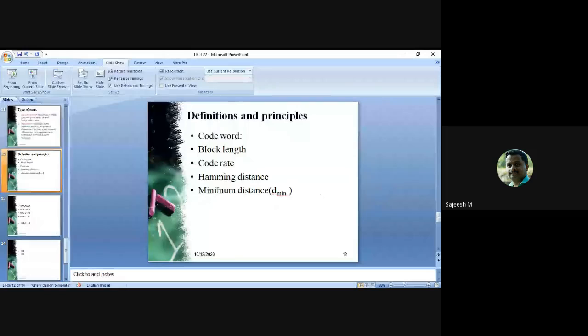Once we have generated the code words of a linear block code, we are able to calculate the minimum distance, d minimum. Then we can say how many errors can be detected and how many errors can be corrected using this particular code. That is the significance of the parameter minimum distance.